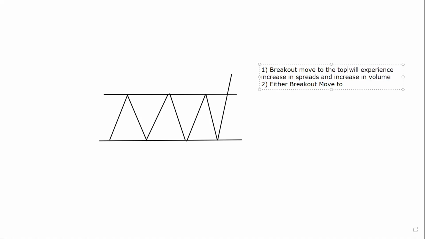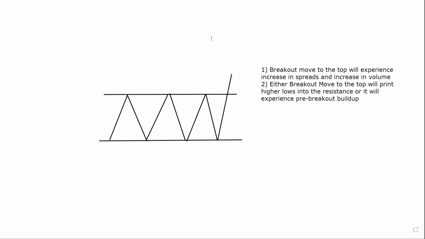Either the breakout move to the top will print higher lows into the resistance, or it will experience pre-breakout buildup. I'll explain to you what is pre-breakout buildup. So first of all, let's condition the breakout move.